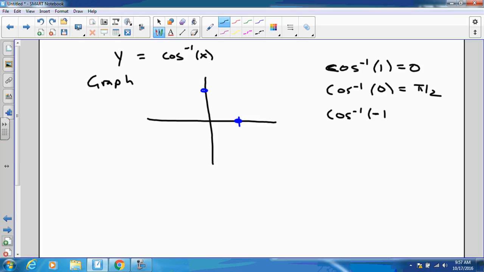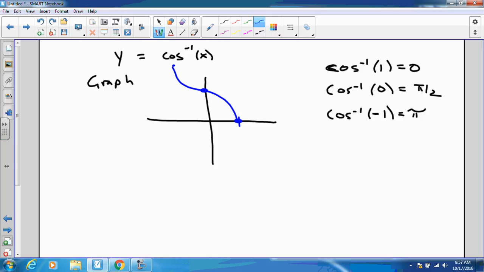What is the angle whose cosine is -1? It's pi. Yep. And that gives us our third point here. And now we can go just like that.